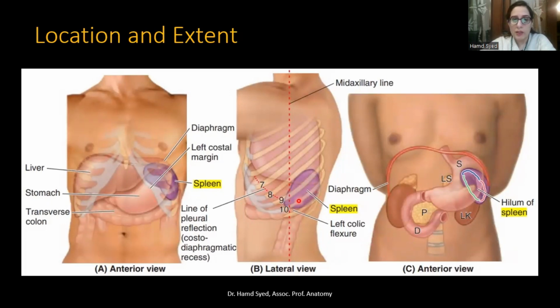We can also see that the lower pole of the spleen is lying within the mid-axillary line. When we talk about the vertebral levels, keep in mind that at its most superior point, the spleen is lying next to the spinous process of the 9th thoracic vertebra, whereas the lower pole is lying at the level of the first lumbar vertebra.